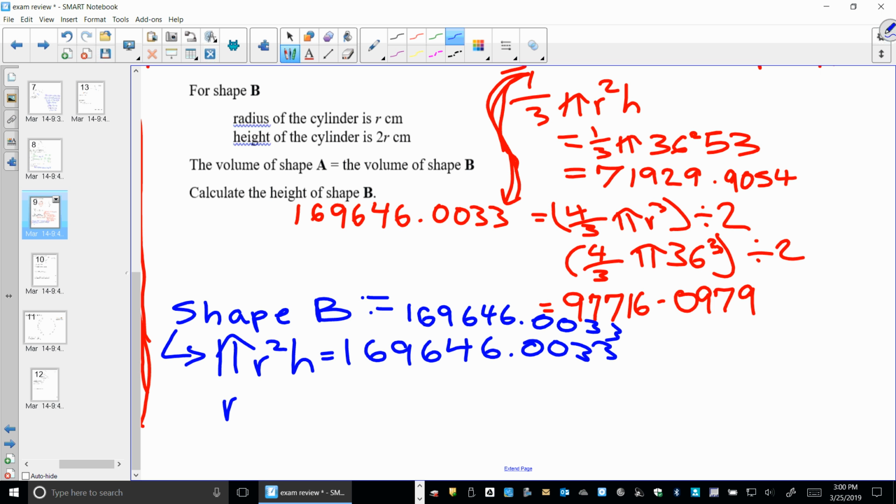Yes. And then we're going to divide this by pi. Therefore, we get... Make sure you don't lose any zeros.